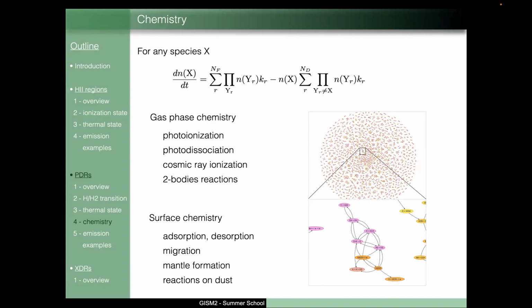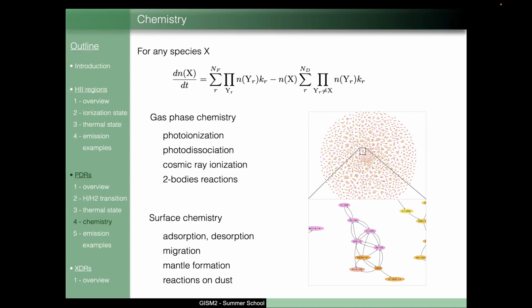What I will say is one message: in general, there are no rules, okay? We can look at specific families, but in general, in order to solve the chemistry in a PDR, we need to include a lot of microphysical processes. So we need to take into account all gas phase processes, including photoionization, photodissociation, cosmic ray ionization, and two-body reactions, which include radiative recombination, dielectronic recombination, and dissociative recombination, but also ion-neutral reactions and neutral-neutral reactions.